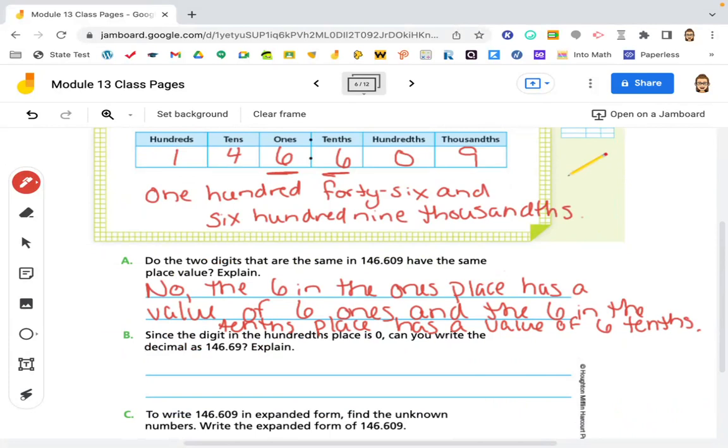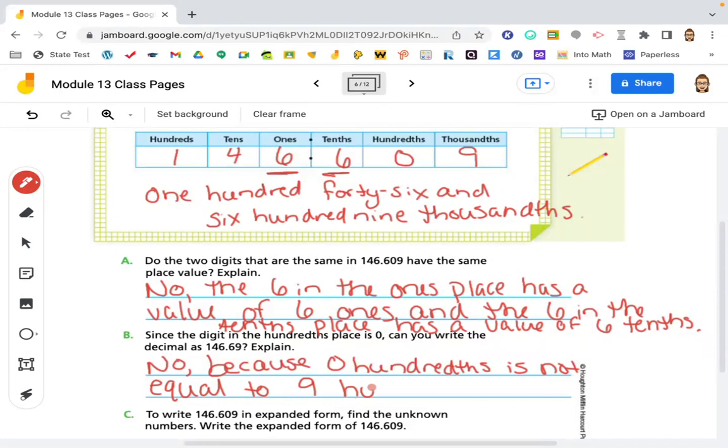So since the digit in the hundredths place is 0, can you write the decimal as 146 and 69 hundredths? Explain. And again, that would be no, because 0 hundredths is not equal to 9 hundredths.